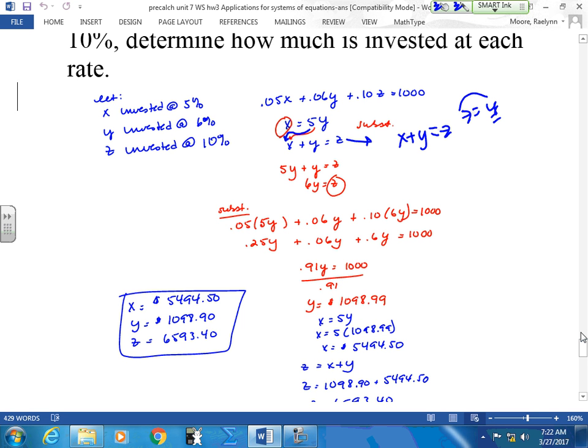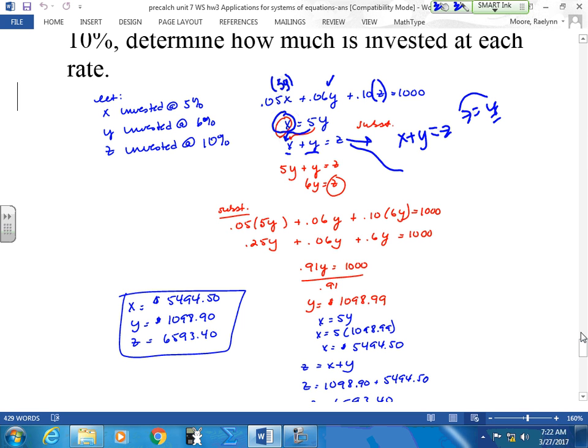You need to determine which variable you're going to end up with. Because I took this x out and substituted in terms of y. If I decide I'm going to take this x out and put a 5y in here, and I got a y, how can I take this z out in terms of y?